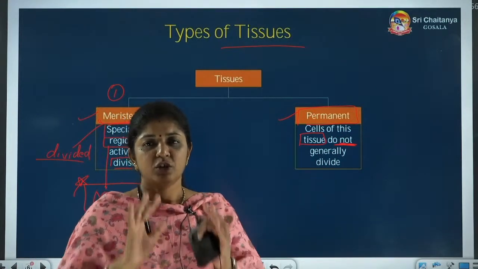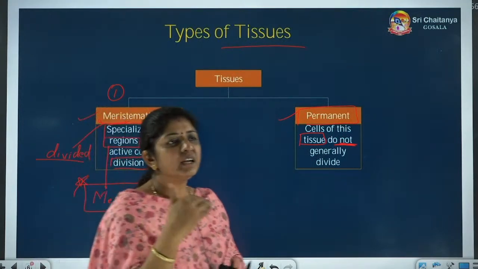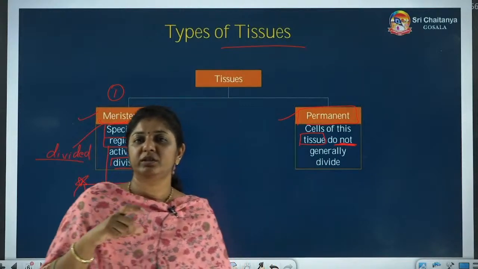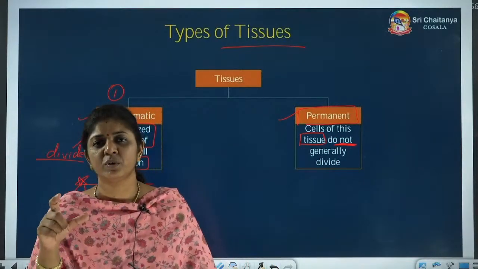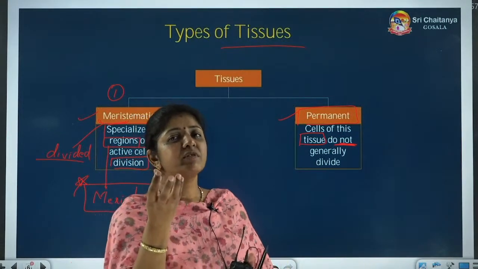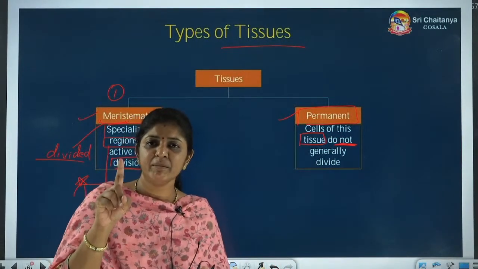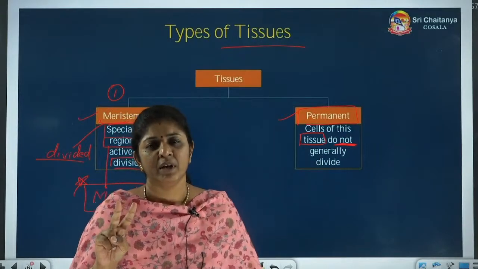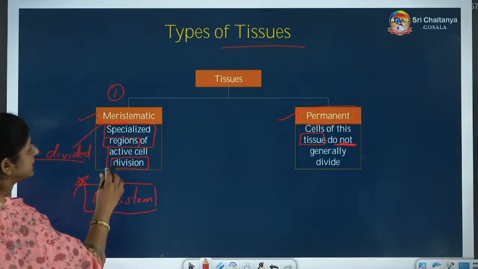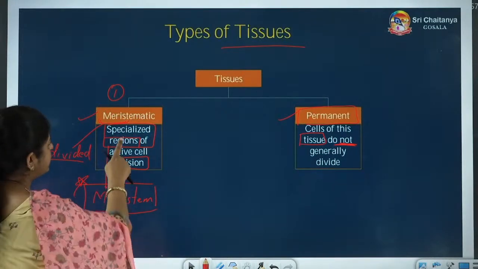Are you getting that? So just recapitulate the main heading. The main heading here is histology, the study of tissue. And what is a tissue? A cluster of cells whose origin is the same and function is the same. Now we are discussing the types of tissues. Number one, meristematic tissue, which keeps on dividing.